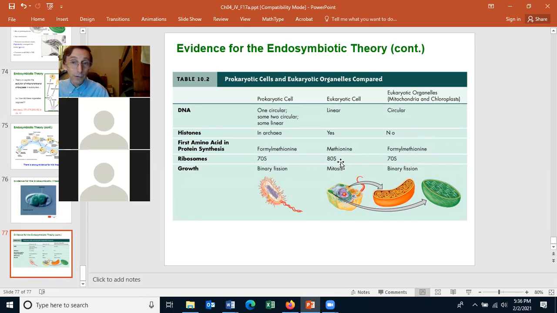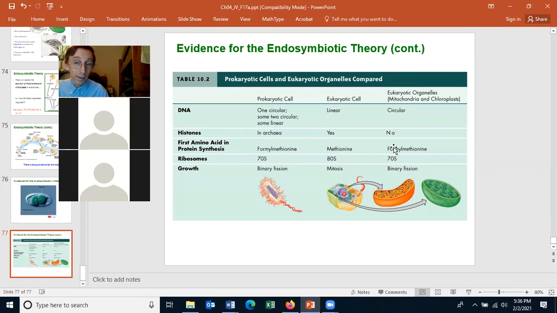Furthermore, if you look at the first amino acid which is made in eukaryotic cells, it's methionine. If you look at the first amino acid made in prokaryotic cells, it's a related amino acid, but not methionine. It's formylmethionine.